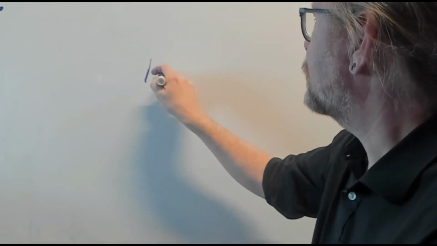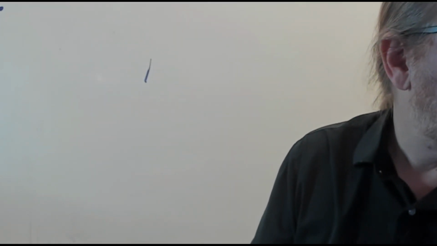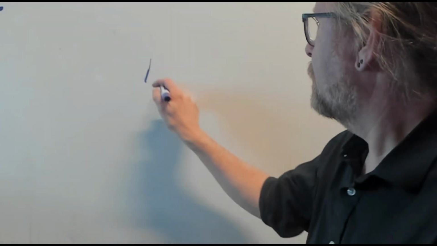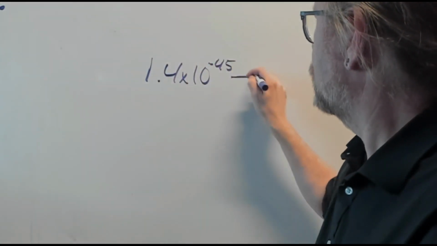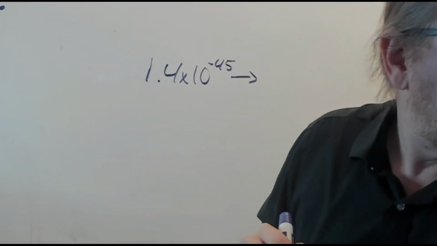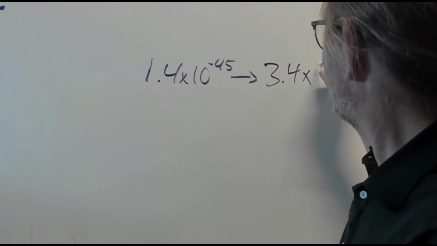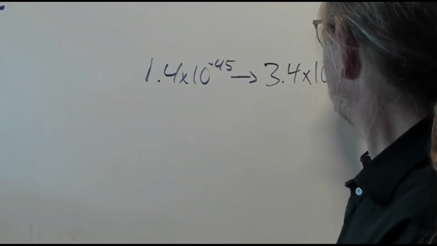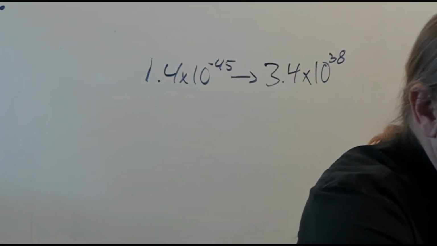A float can save numbers ranging from 1.4 times 10 to the minus 45th up to 3.4 times 10 to the 38th. That is the range of the variable.